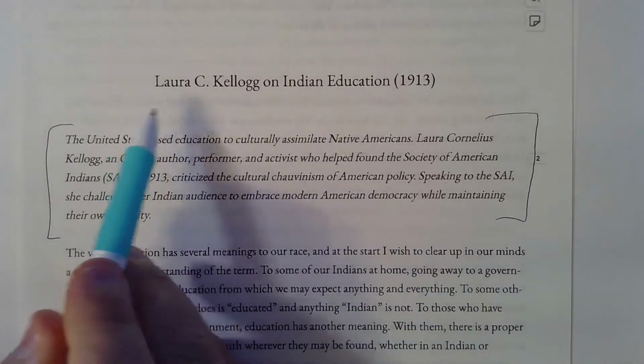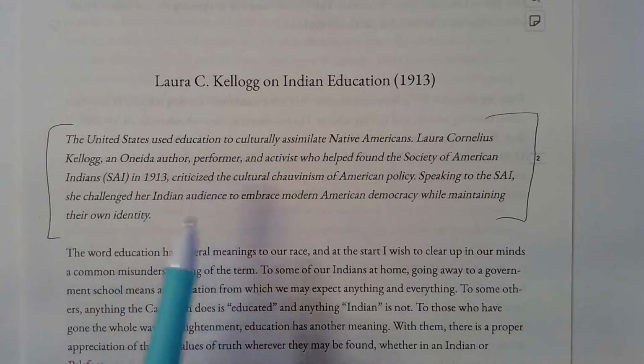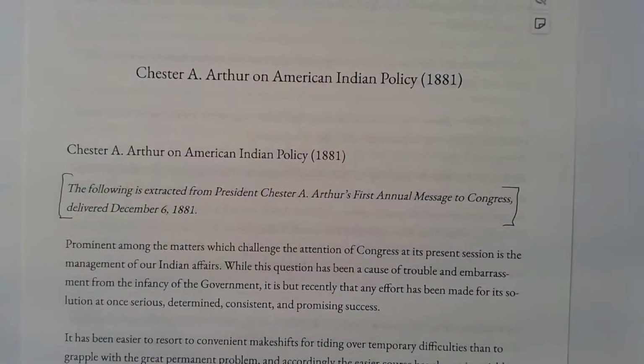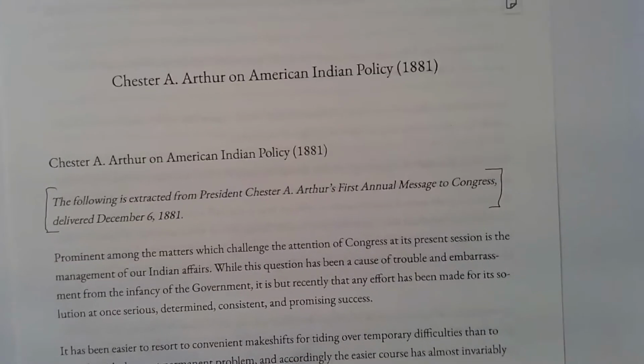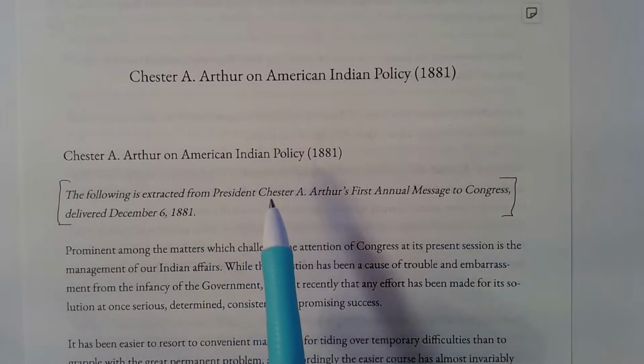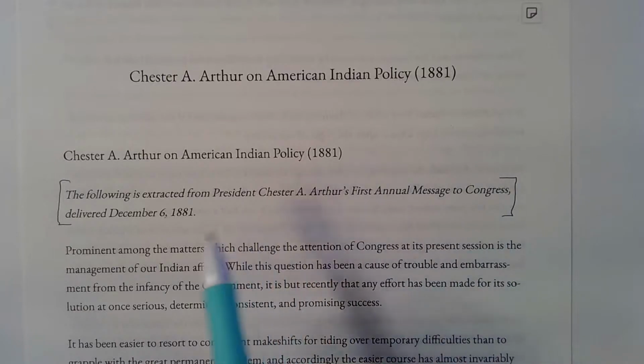Laura Kellogg, the author of the primary source, has this as her intention. Now, if we look at the Chester A. Arthur, we don't have nearly as much information, right? All we get is that the following is extracted from President Chester A. Arthur's first annual message to Congress, delivered on that date.